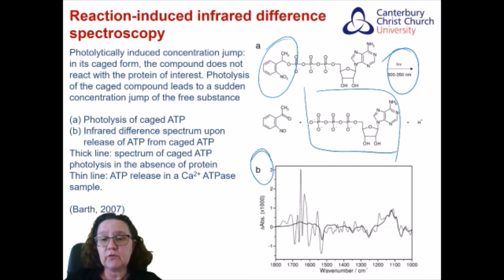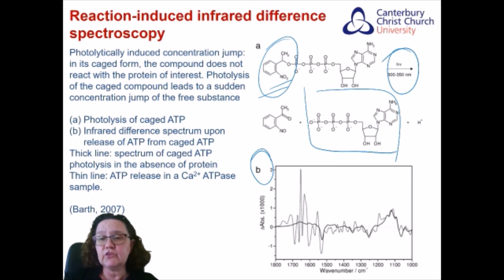So that's how the infrared spectrum looks if you just take the caged ATP with a nitro compound attached. And the thin line is once you have photolysed the caged ATP and how it behaves when there is ATPase in the sample.